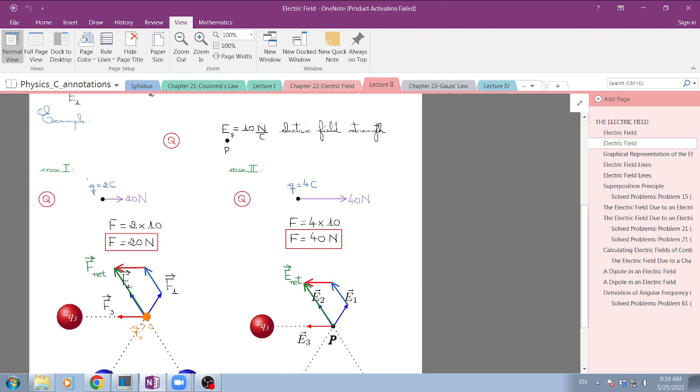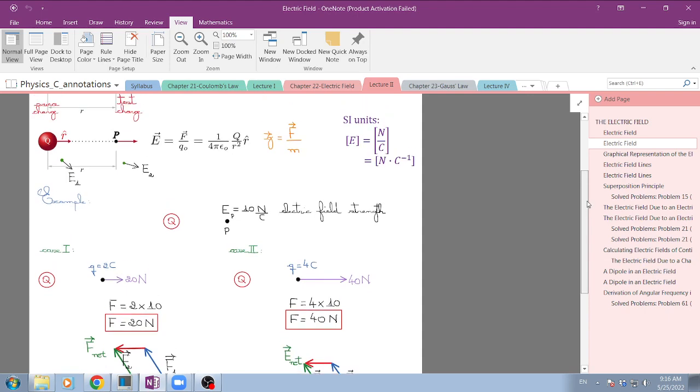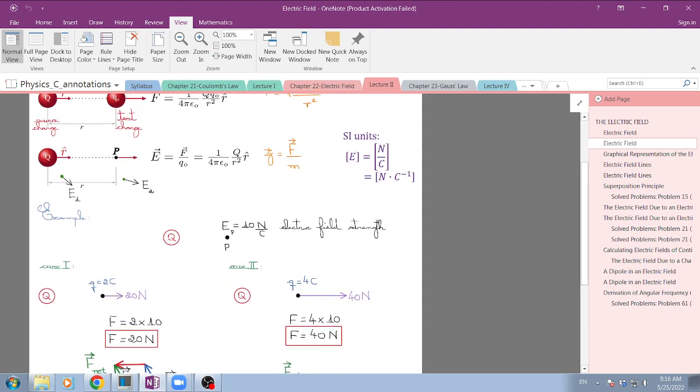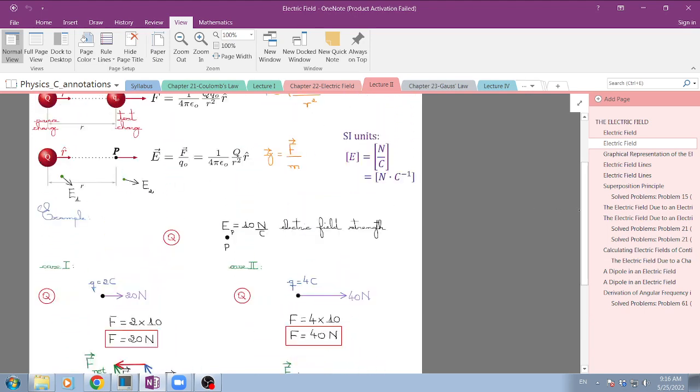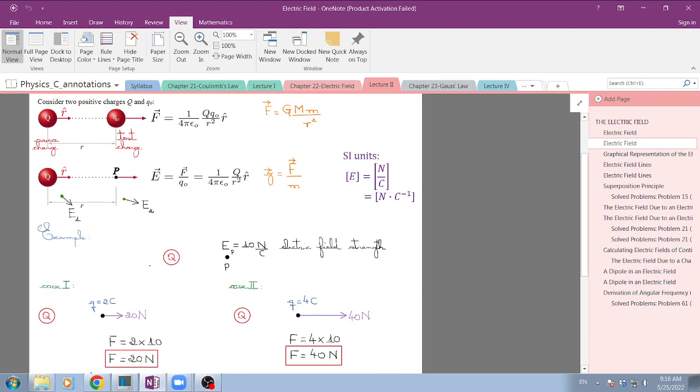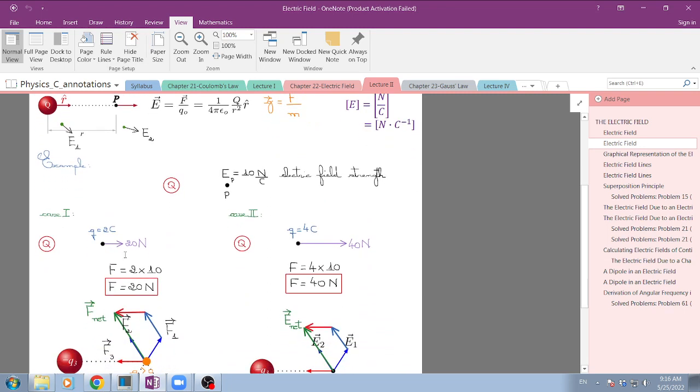When you normalize the Coulomb force by the test charge, you have a certain amount of electric field for every point in space, and all you have to do is multiply the value that you have there by the charge itself to find the force. So it's very easy. Remember this one.